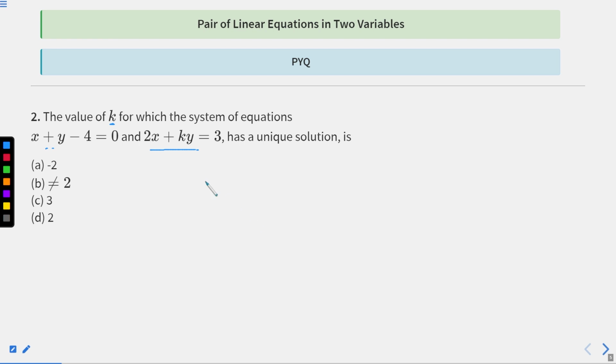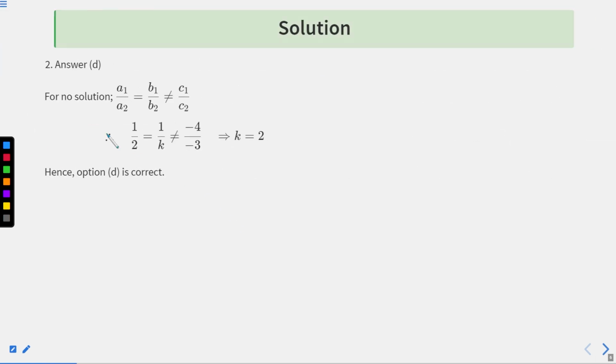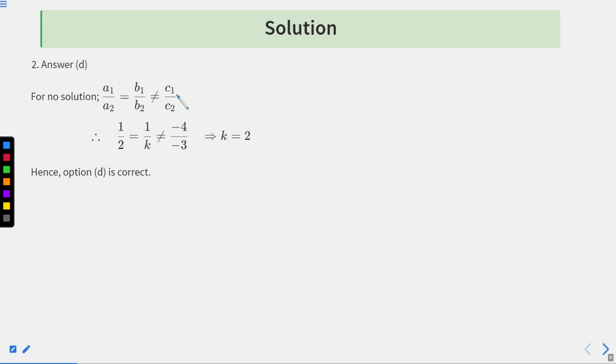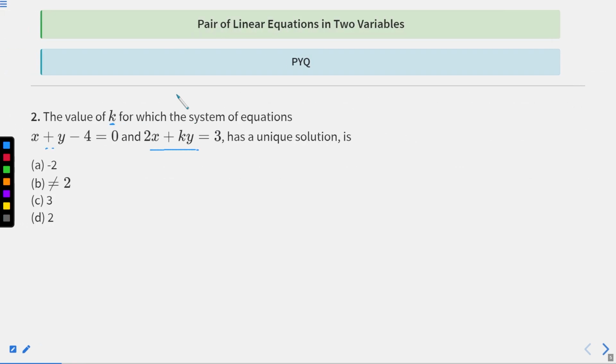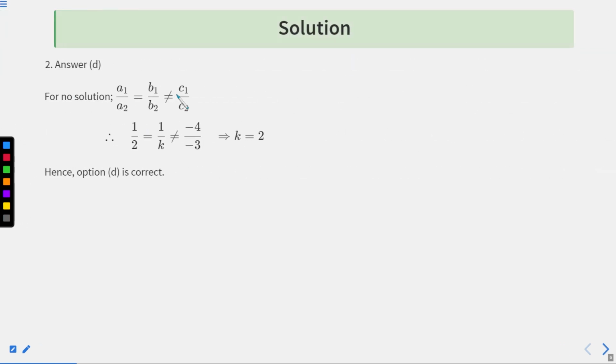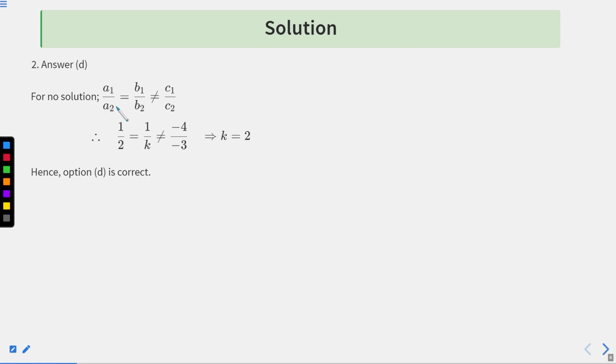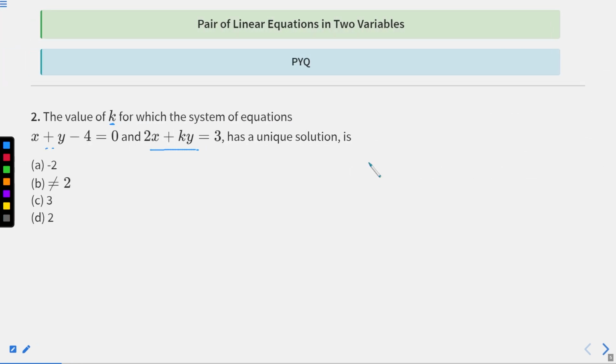Now let us see how to solve this problem. For no solution we know a different condition, but here we need a unique solution.